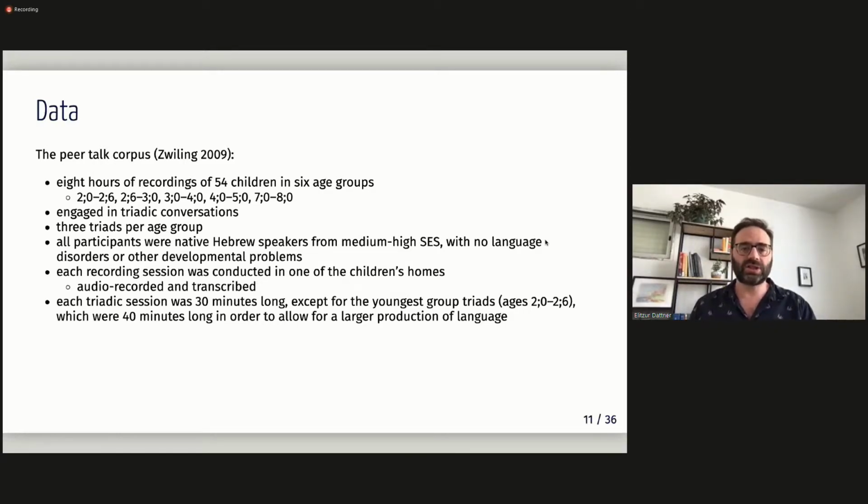Each age group was composed of 3 triads engaging in triadic conversation in all kinds of situations within one of the kids' houses. It was audio recorded and transcribed, and each triadic session was 30 minutes long, except for the youngest children, where we had them talking for 40 minutes in order to have access to more data at this young age.